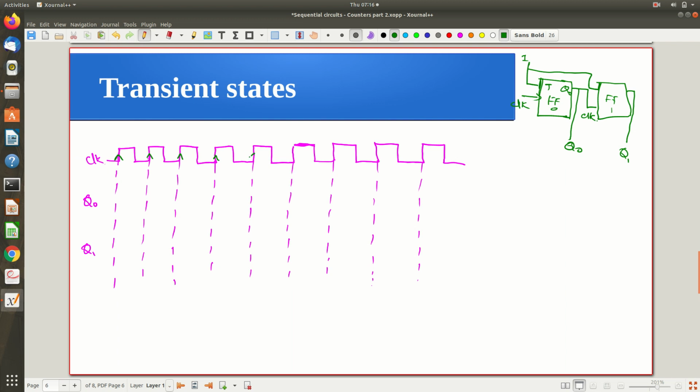Now let's observe what happens during every rising edge of the clock. Initially the output is at a low voltage. As soon as the clock trigger happens, the first flip flop is supposed to toggle, but what we are discussing here is the rippling effect, and whether there is any problem out of it. That is what we are observing in detail. Assume that the flip flops have some small delay involved.